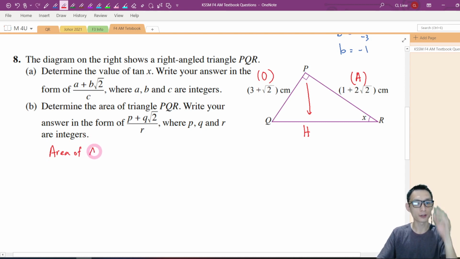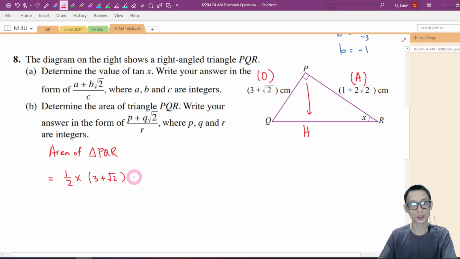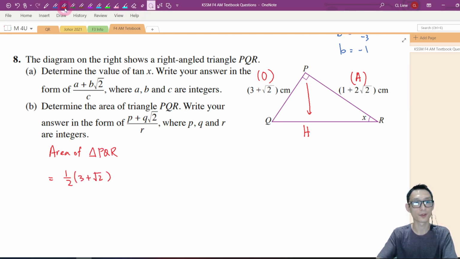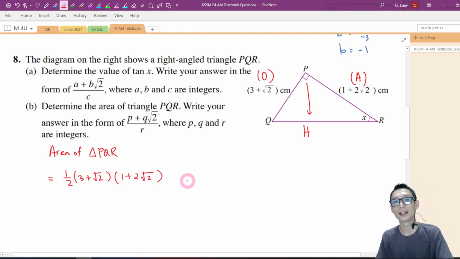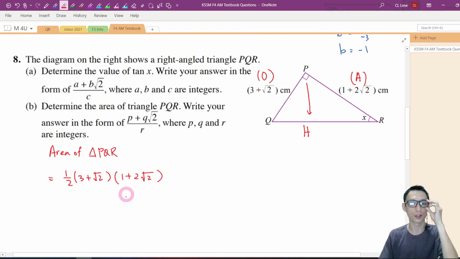Area of triangle PQR, 1 over 2 times the base length, which is this one, 3 plus square root of 2, and times the perpendicular height, so 1 plus 2 times square root of 2. If you don't want to write the unit first, it's okay, you can just write the unit at the end of the answer. So now I'm going to do some expansion for these two parentheses.